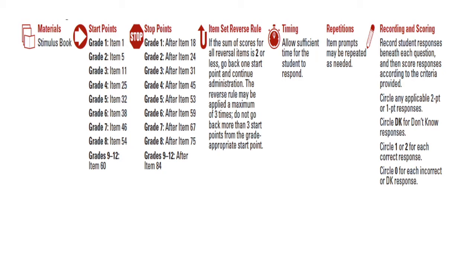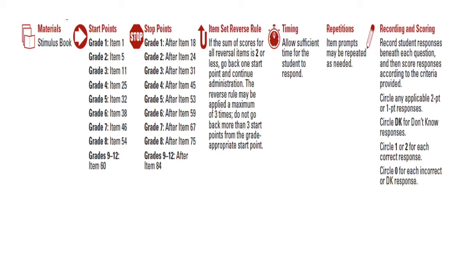If there's any specific timing information, some of the subtests are timed. The fluency subtests are timed. I believe one of the writing subtests is timed. So if the subtest that you're administering is timed, then it'll give you specific timing information there.